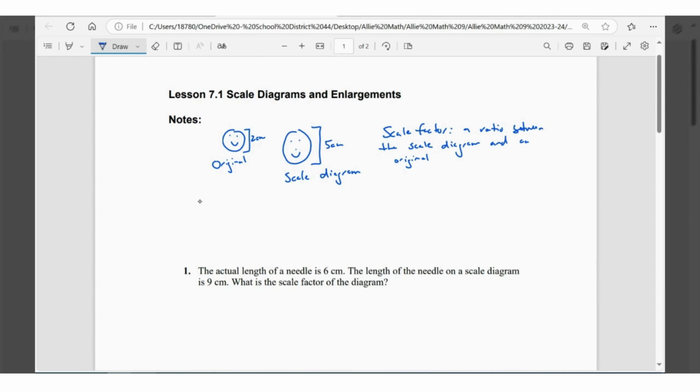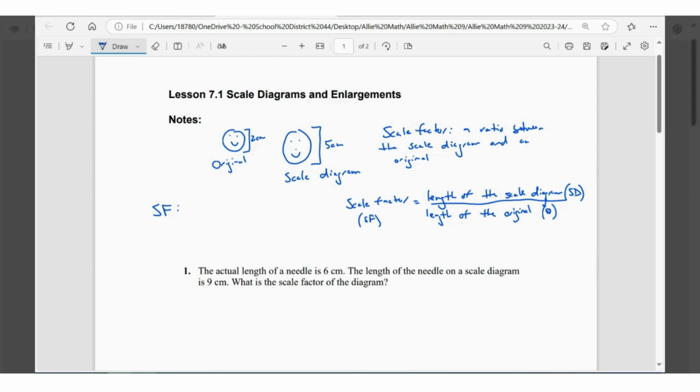And specifically, the scale factor, or I might call it SF, is equal to the length of the scale diagram over, I might call that SD, the length of the original. O. That's an O.